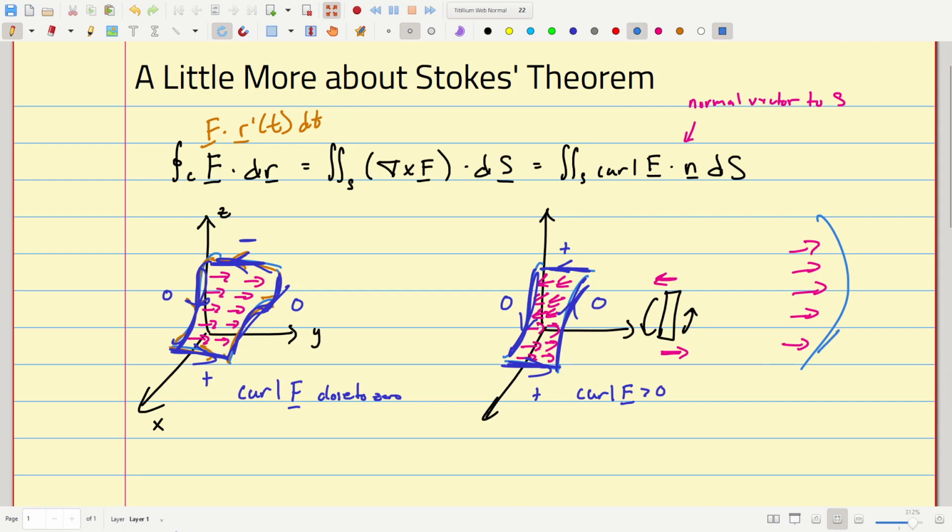The tangent vectors are going to have different angles at each of these values. And so, yes, what you would do is take the dot product. So it ends up being the projection of the vector field into the tangent direction.